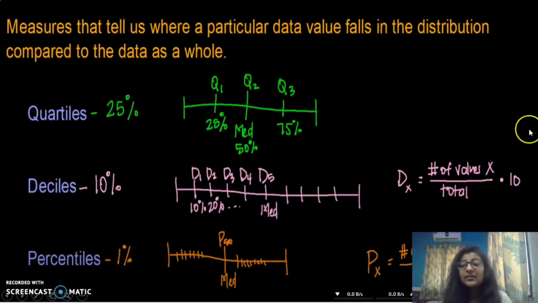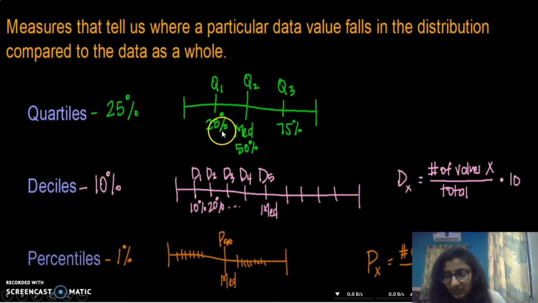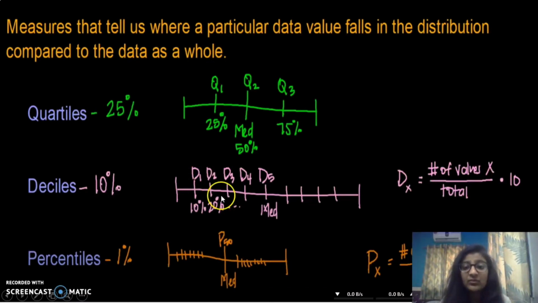Here is the formula given very specifically: the decile of your value X is equal to the number of values below X, divided by the total, into 10.